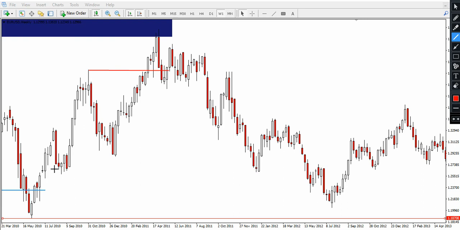Does it come from below this break of market structure, or does it come from above this OB, which obviously it does not? So this is not a break of market structure. This is a fake break of market structure. Just to give you some hint there.